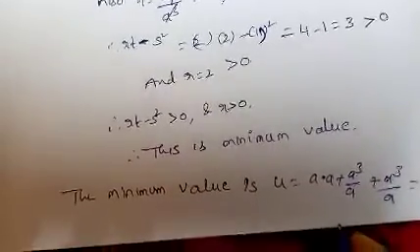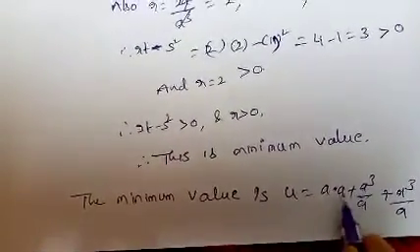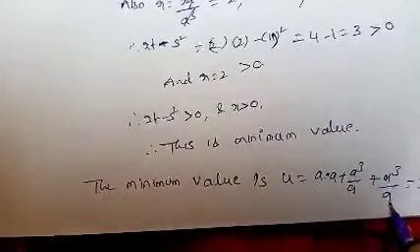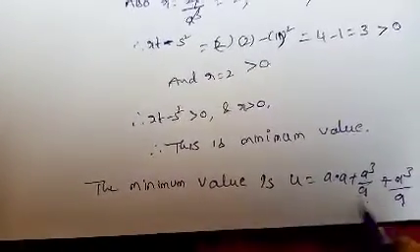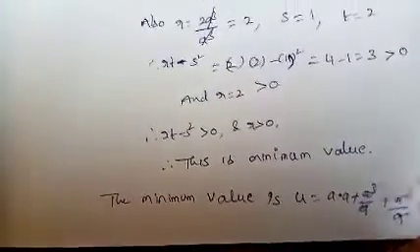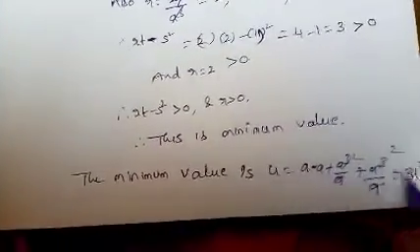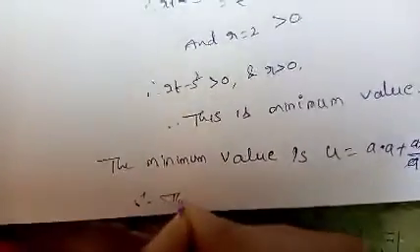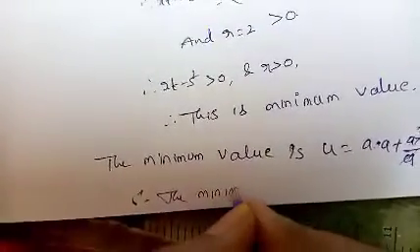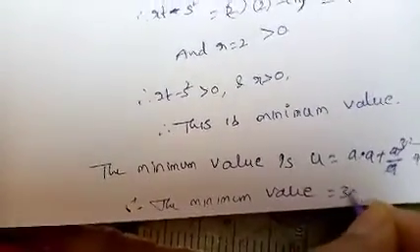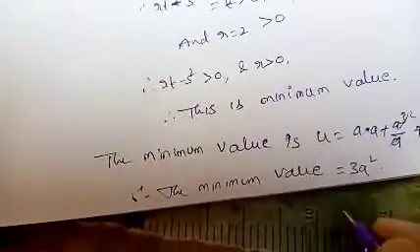So therefore the minimum value is a square plus a cube by a plus a cube by a. So when applying LCM, then the value is a square plus a square plus a square, which implies 3a square. Therefore the minimum value equal to 3a square. Hence the solution.